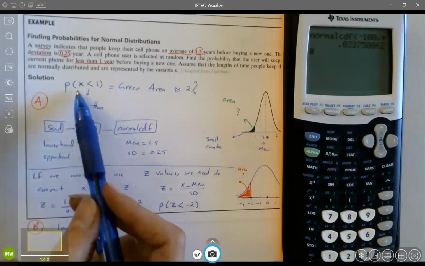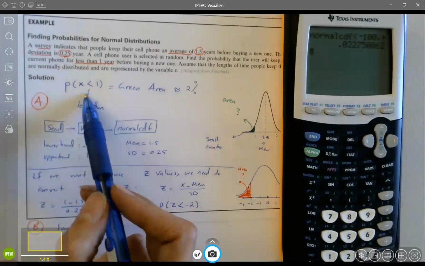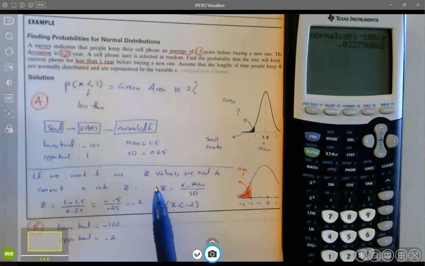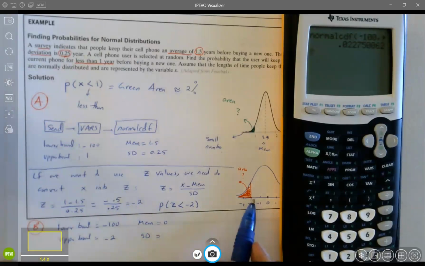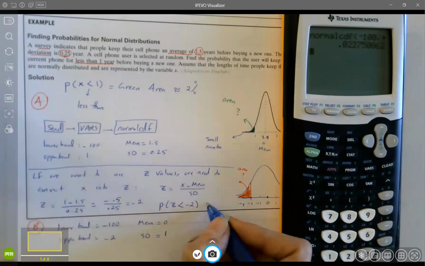It was X. If we want to keep the original data, we use X. If we want to convert that into the standard normal distribution, we use Z. And here, the mean of a standard normal distribution is 0, and the standard deviation is 1. And as you saw, the area is almost 2%.